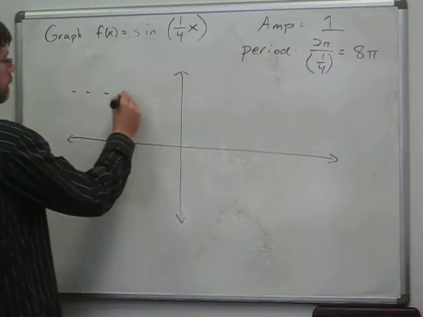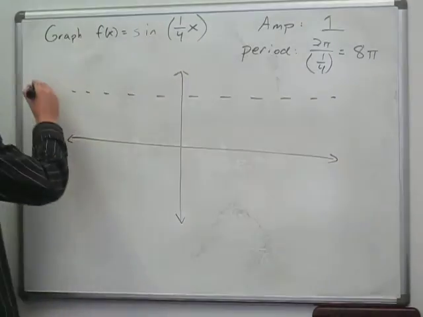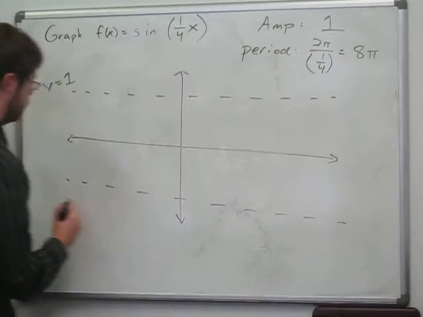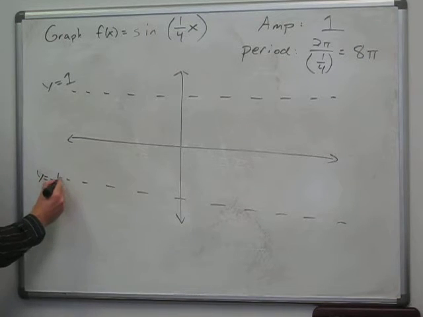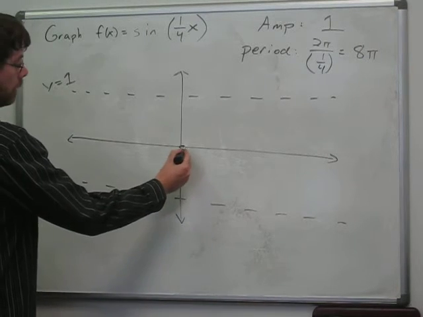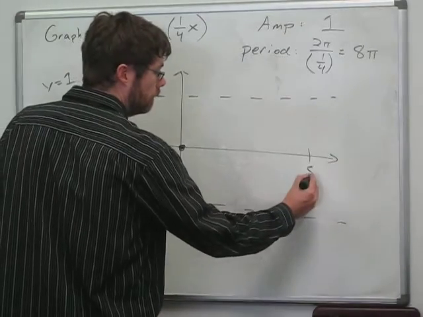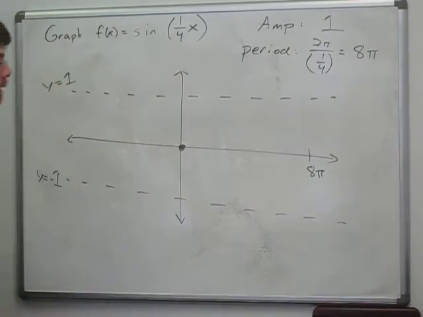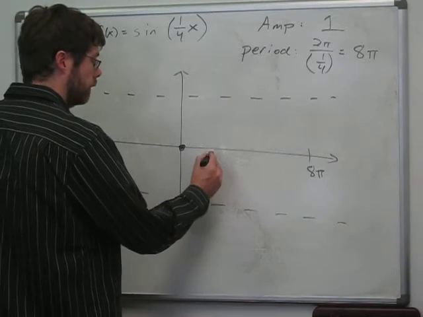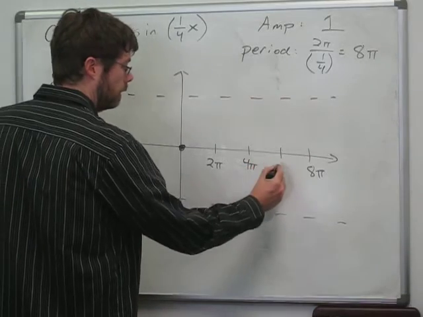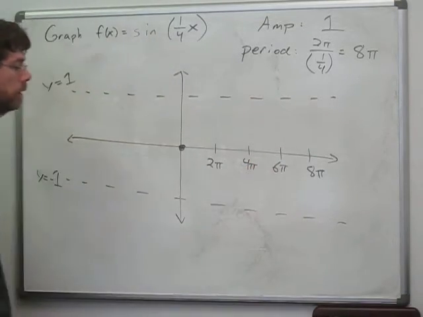Okay. Put in the bounds. Right. Starting at 0, mark off the end of the first cycle at 8 pi, and then cut it up into quarters. 2 pi, 4 pi, 6 pi.